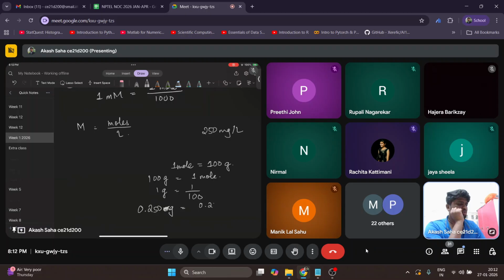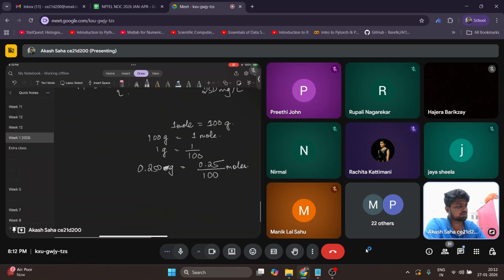So 0.25 by 100 moles. If I write that in molarity, it will be 0.25 moles per liter. Is it fine?